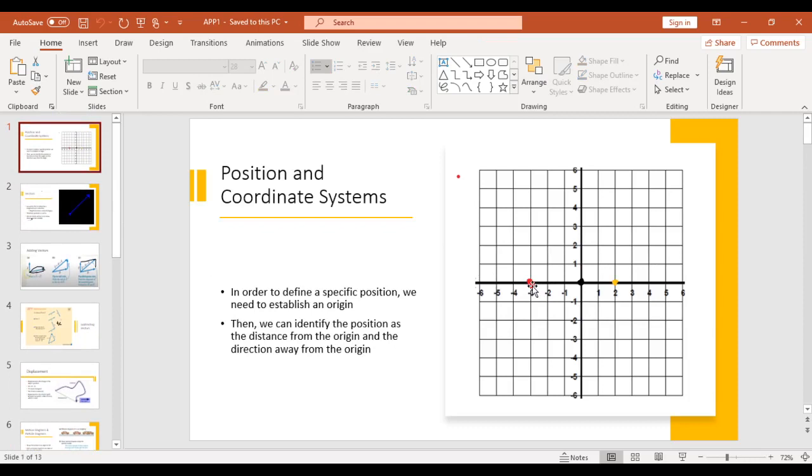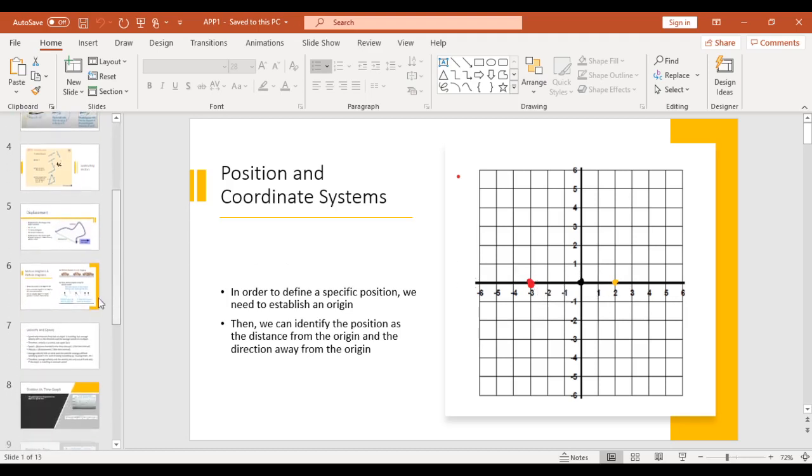If I were to take a path from this red dot to the yellow dot, my displacement would be 5 meters, to be specific. And let's say that I take about 5 seconds to cover this displacement, right? So what does that mean?